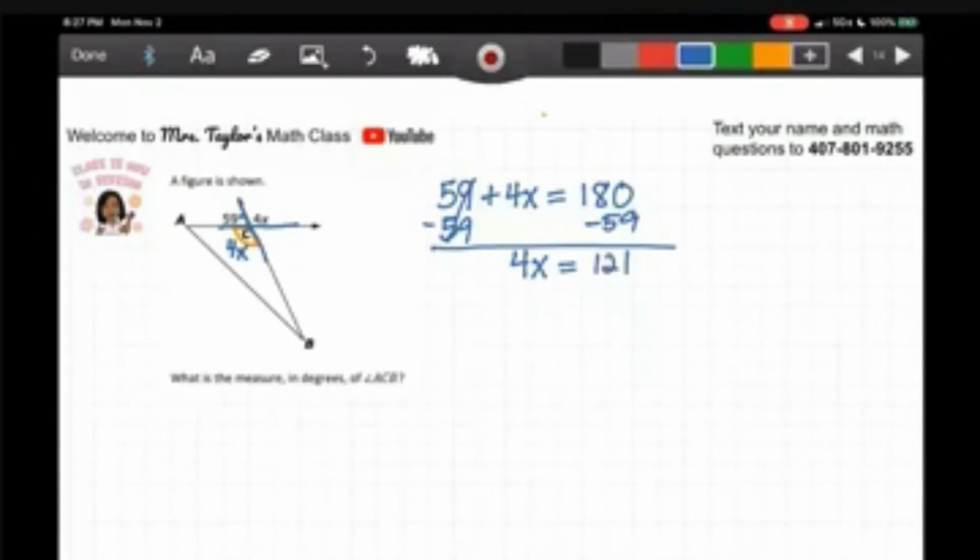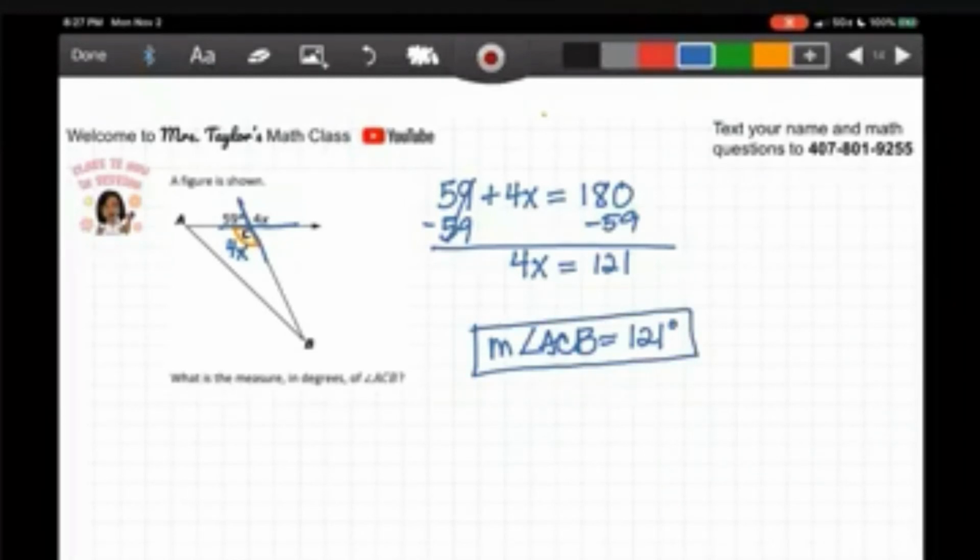So do I need to go any further? No, because I know that 4x is actually also the angle ACB. So the measure of angle ACB is 121 degrees. Now, if they wanted to know the value of x, I would just have to divide both sides by 4, and then I'll have my answer for that. Okay, but they didn't want to know that. They just want to know what the value of angle ACB is, and that's 121.